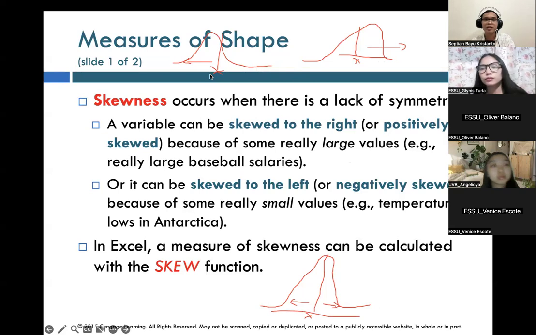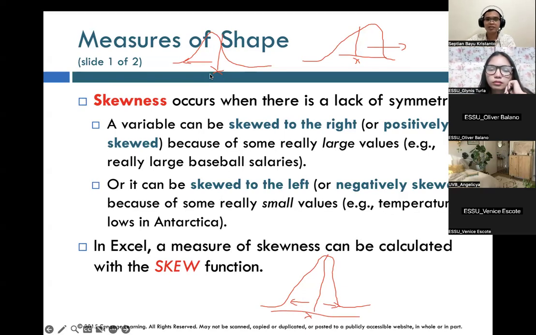If the data is skewed to the right, it can be concluded that the scores in our class contain lots of students who scored above the average, maybe outstanding. But if it is skewed to the left, it means our class mostly has low scores, below the average. So this is the difference in skewness.